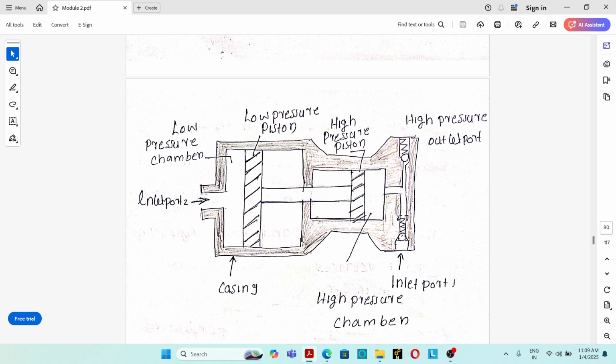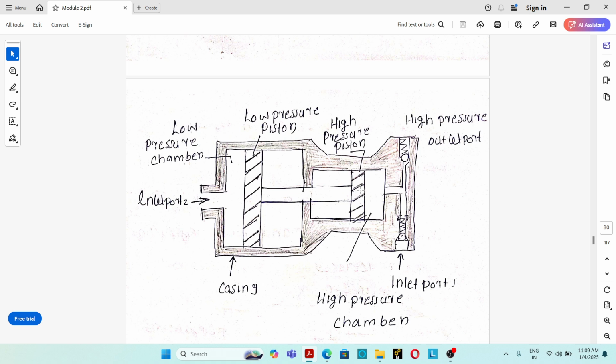So initially from the pump, a low pressure, large volume hydraulic oil flows into this low pressure chamber, which exerts a pressure over the piston. The piston has a large area. The piston will move in the forward direction. The piston is connected to a piston rod.